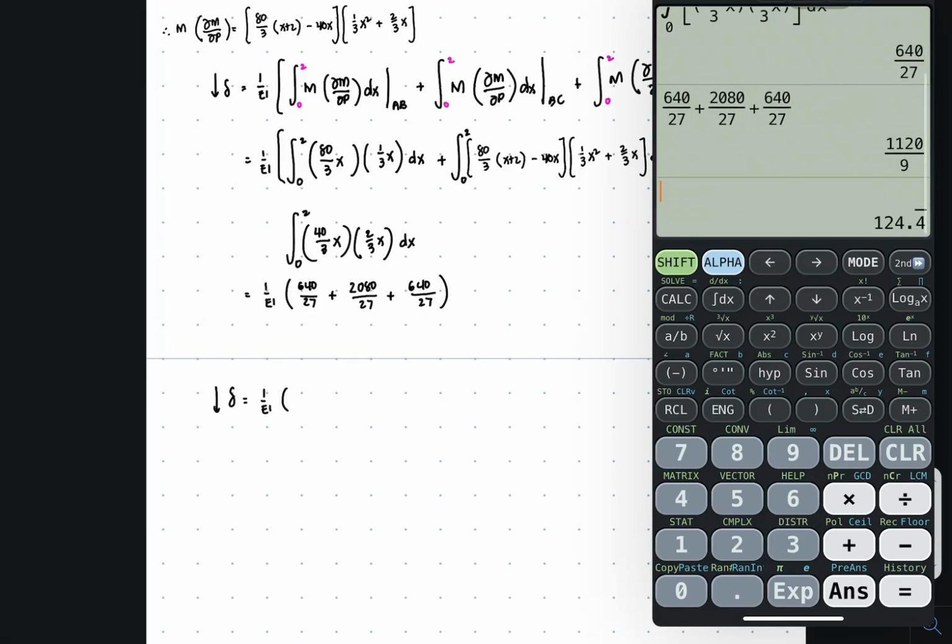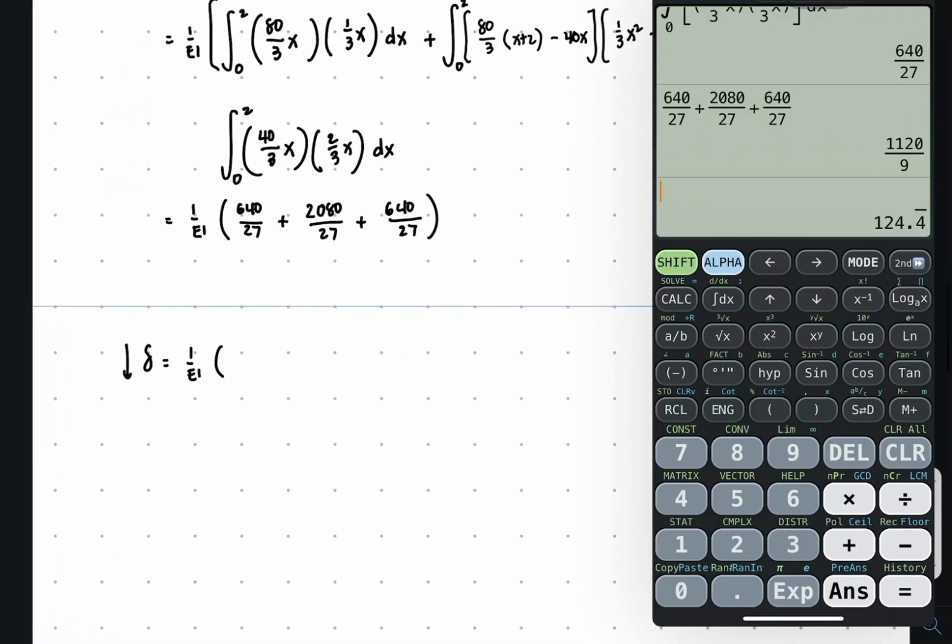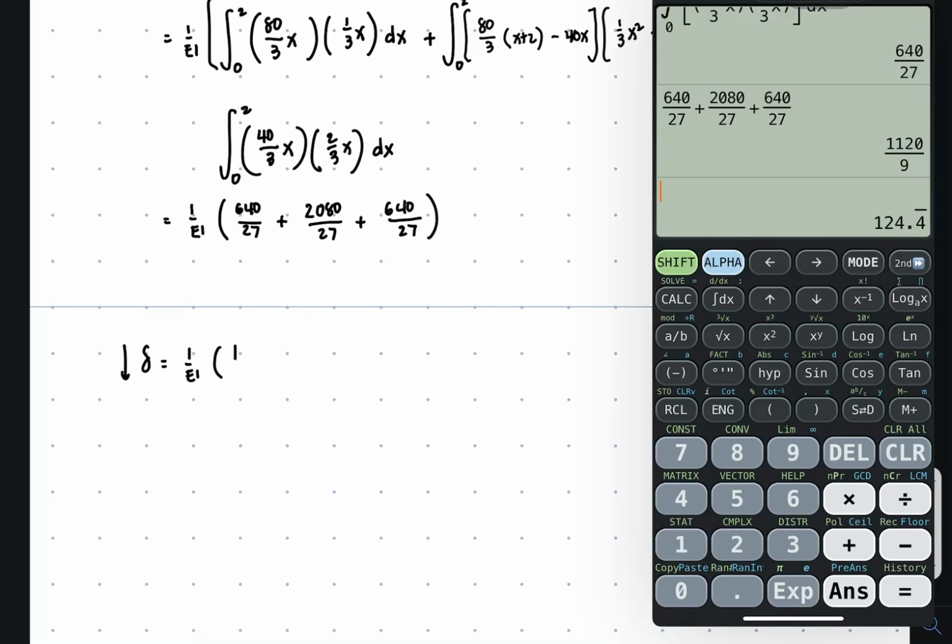So that is 1120 over 9. The unit here is kilonewtons cubic meter. And this is our final answer.